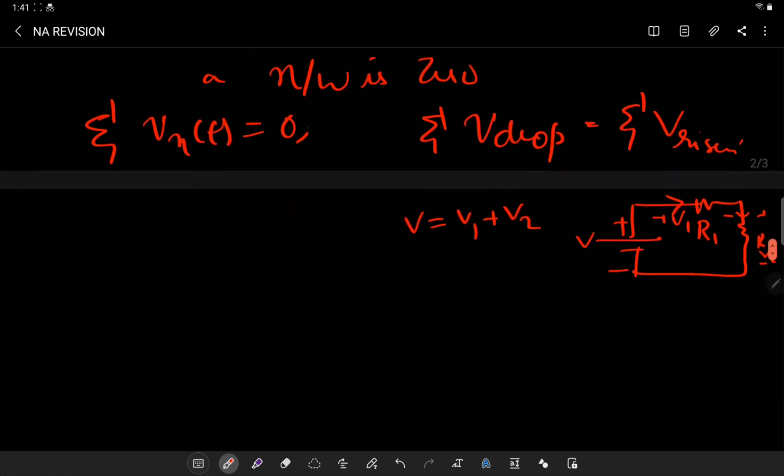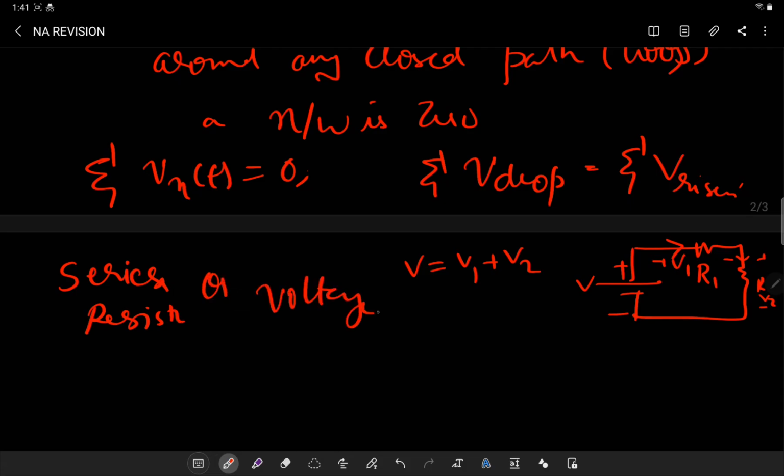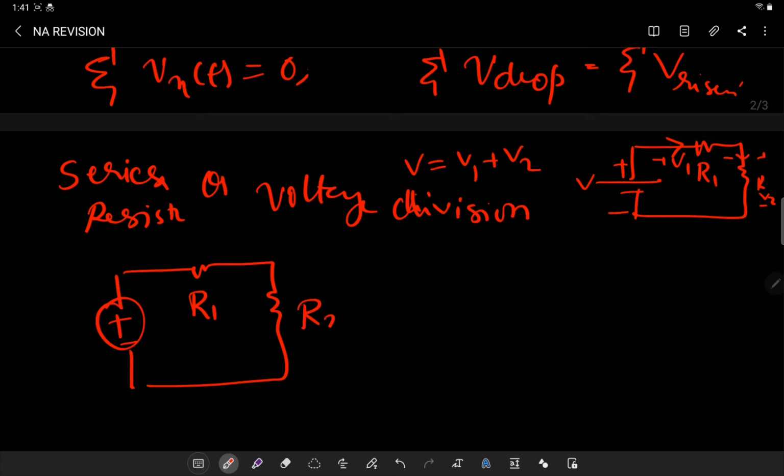Now let's know about series resistance or voltage division. If there is a small network like this, you have R1 and R2 connected to a voltage.